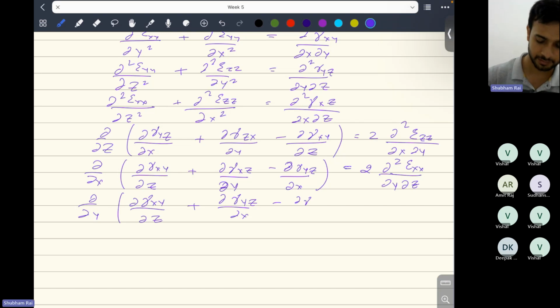I'm just writing these conditions, so please bear with me. You can verify whether I make some mistake in writing them, but I'm trying to write as correctly as possible.